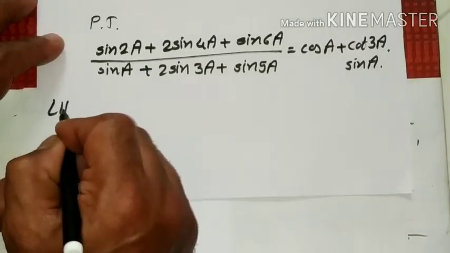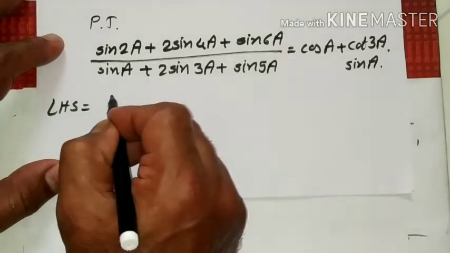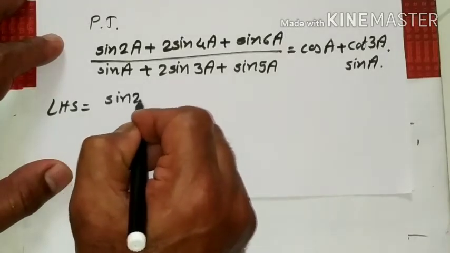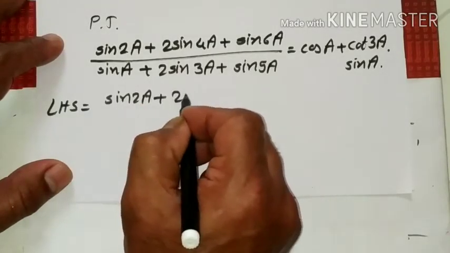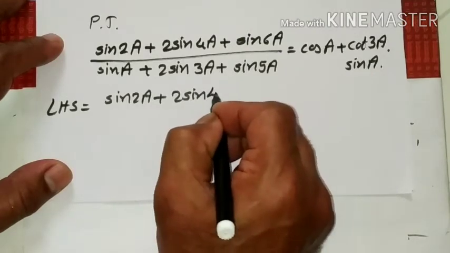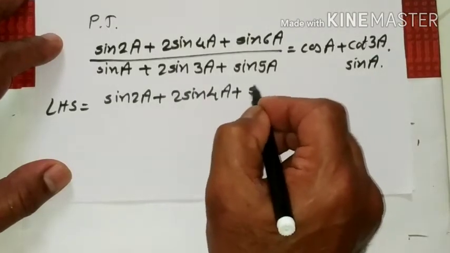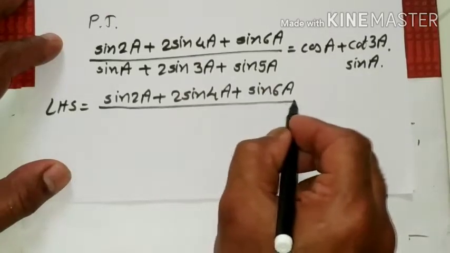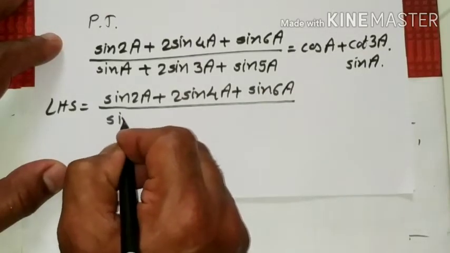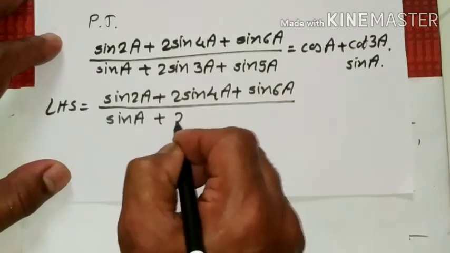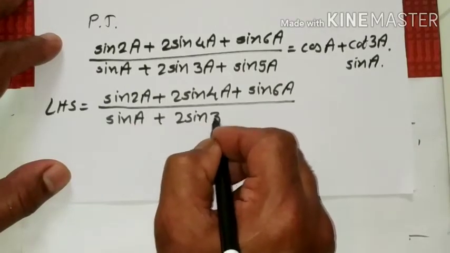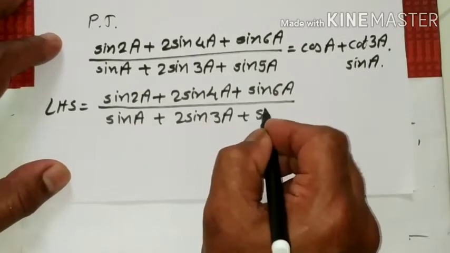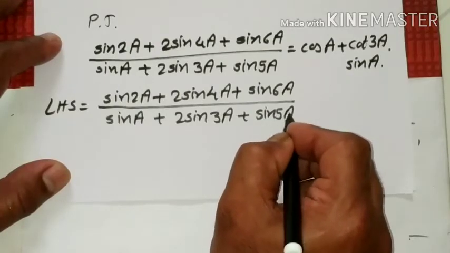LHS is (sin 2a + 2 sin 4a + sin 6a) divided by (sin a + 2 sin 3a + sin 5a).